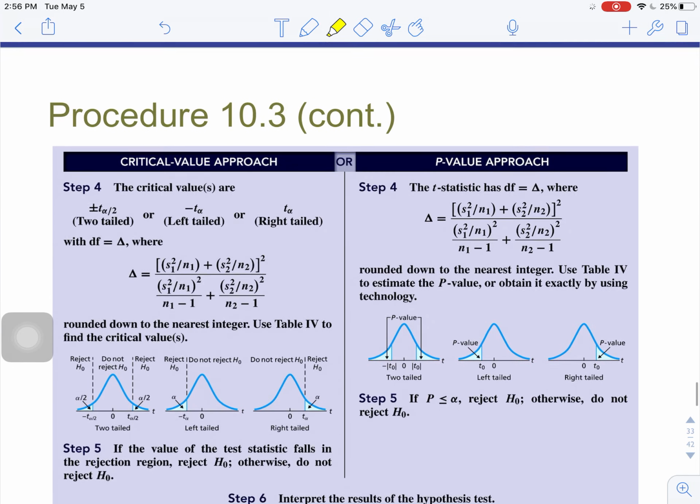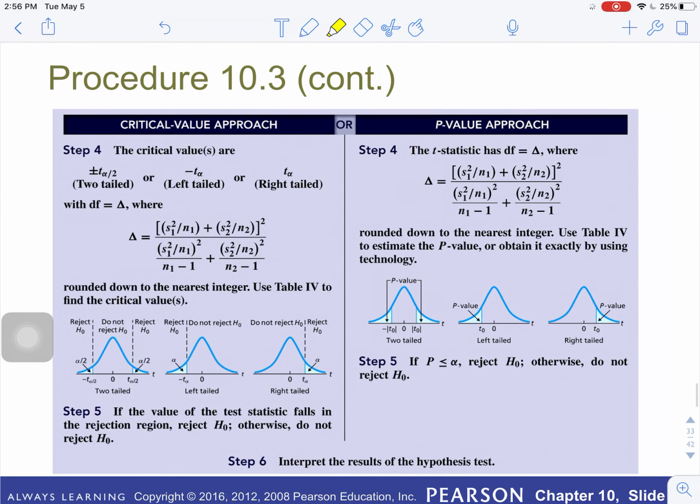Once you figure out the value of the test statistic, then we have to go into our critical value. With that critical value, that is where our delta is going to come into play. We need to figure out our delta in order to find the critical value for a two-tailed, left-tailed, or right-tailed test.